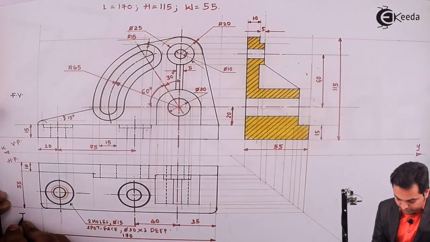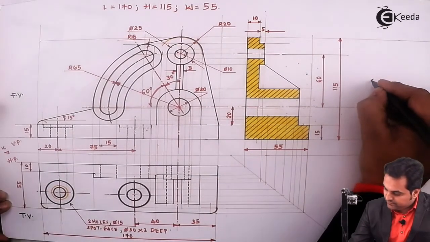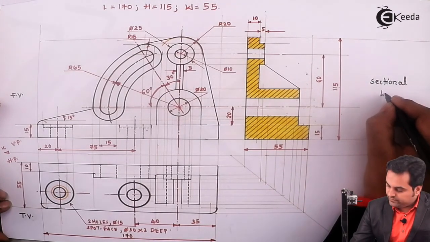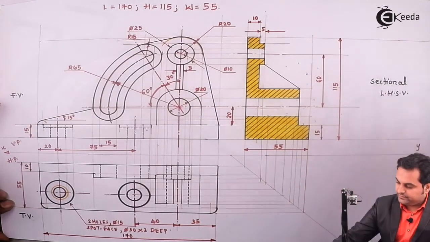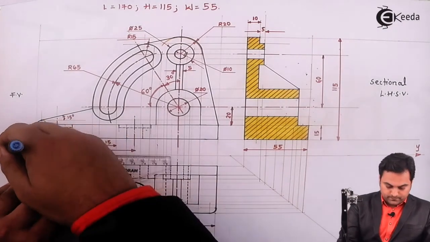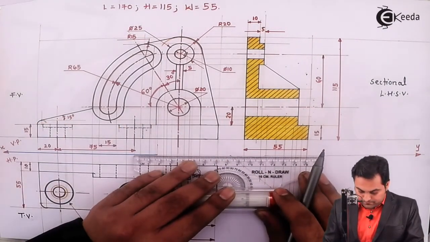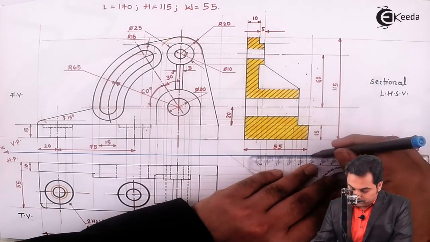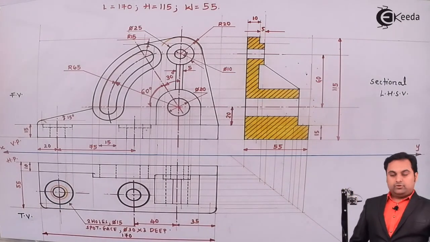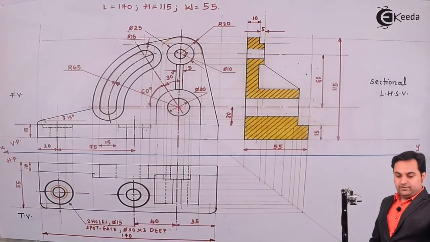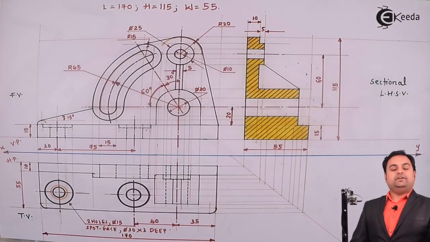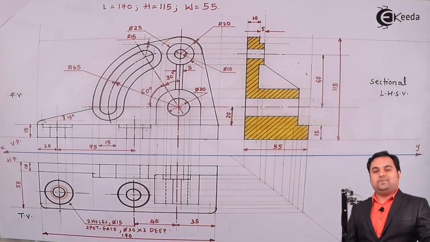Here we have top view, and this is sectional left hand side view drawn towards right. So here, as it was mentioned in the question, I have completed the front view, top view, and sectional left hand side view. Hope this was understood, and with this the problem is completed.